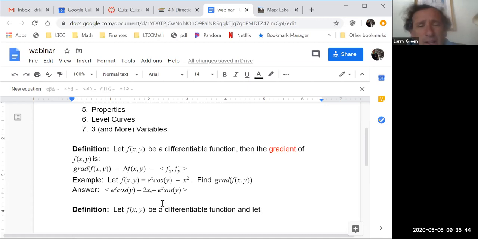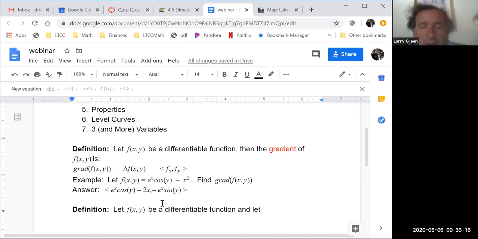If we only want to look at the direction of a vector, how do you get rid of the magnitude? Because we don't care about the magnitude, we want the direction. Any ideas? You can do tan inverse, good. And I'm going to make it simpler than tan inverse. We're just going to look at the angle theta, okay?